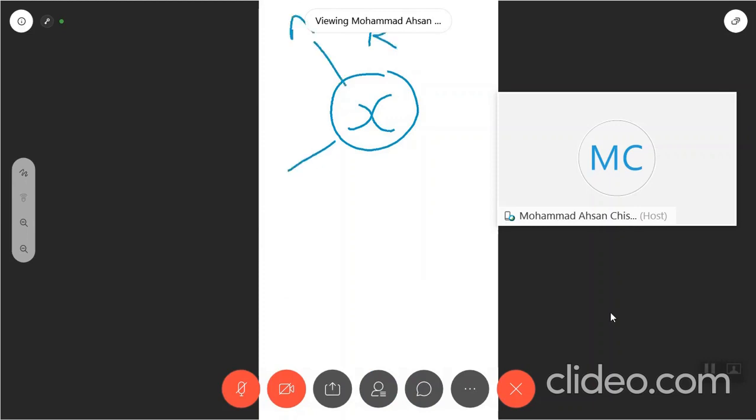One was from A, another one was from B. There were two destinations here, one was D and another one was C. So we saw the first delay, that was the processing delay.